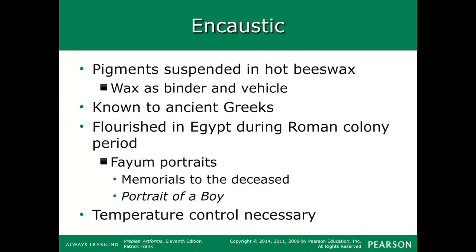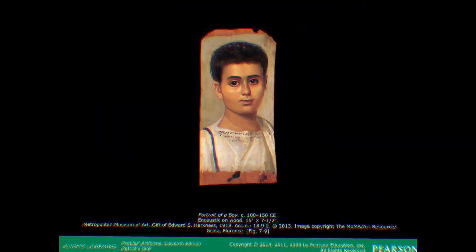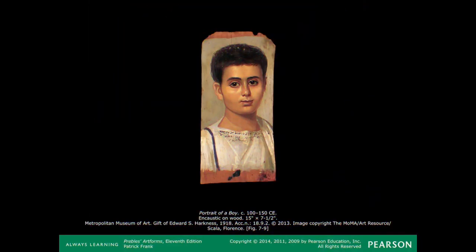It flourished in Egypt during the Roman colonization period, and we have an example of encaustic painting through these Fayum portraits, basically memorials to the deceased.